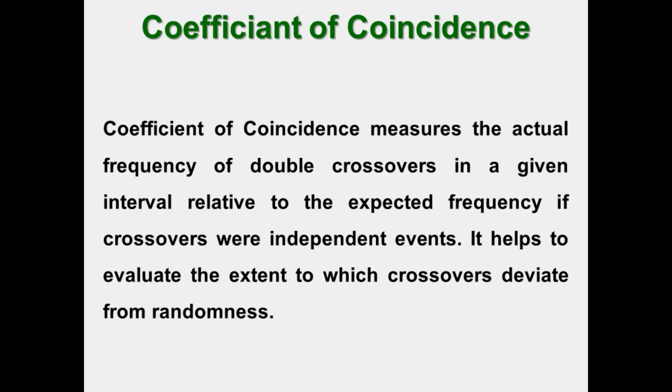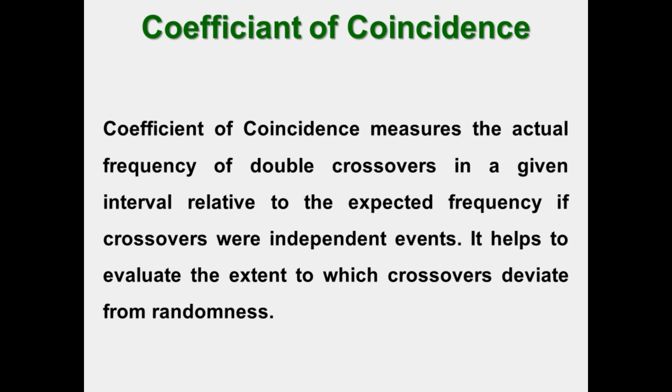We can't directly calculate the interference, but we can calculate the coefficient of coincidence. Coefficient of coincidence measures the actual frequency of double crossovers in a given interval relative to the expected frequency if crossovers were independent events.